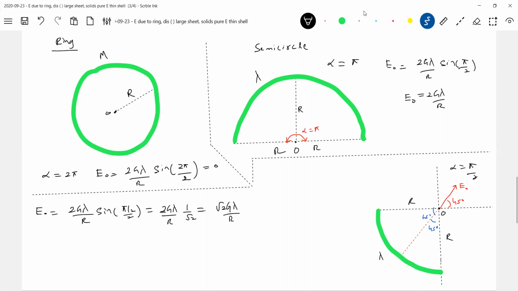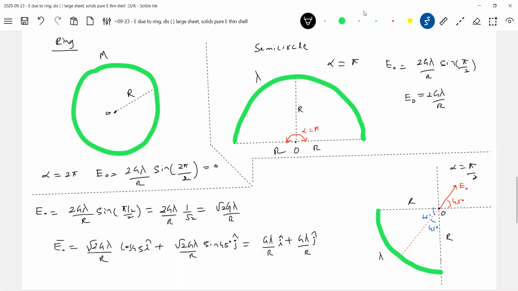So in vector form, if you are writing, this should become equal to root 2 g lambda by r, cos 45 i cap plus sin 45 j cap. So this will become g lambda by r i cap plus g lambda by r j cap.